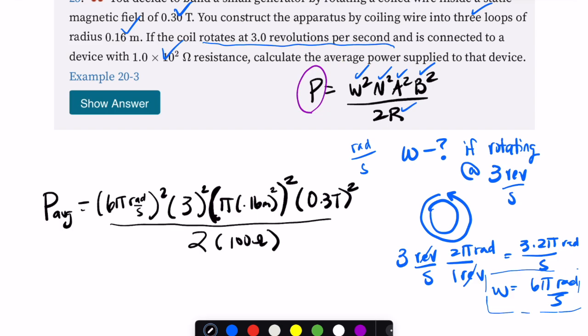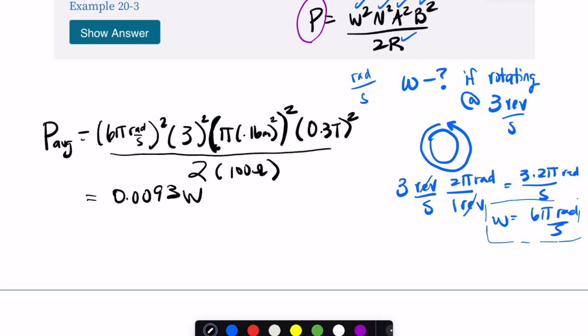Let me check over my math. 6 pi squared, 3 squared, 3.14 times 0.16 squared times 0.3 squared over 200. All right, so I got 0.0093, and then the units of power is a watt. Watts. So, 9 milliwatts.